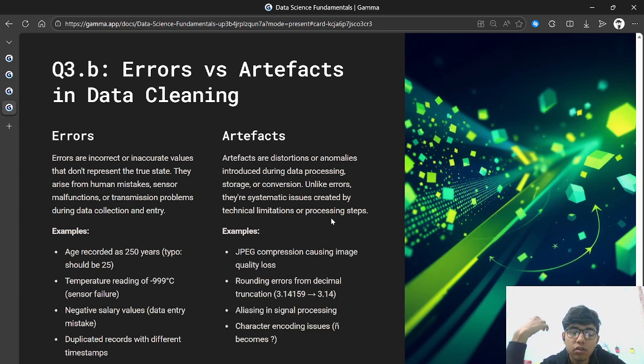Artifacts do not represent the true real world behavior, and if they're not addressed, they can create misleading trends in the analysis. So in short, errors are wrong values, whereas artifacts are false patterns introduced during the handling of data. So next we should discuss the imputation methods.